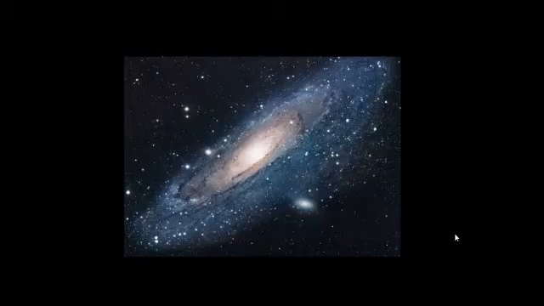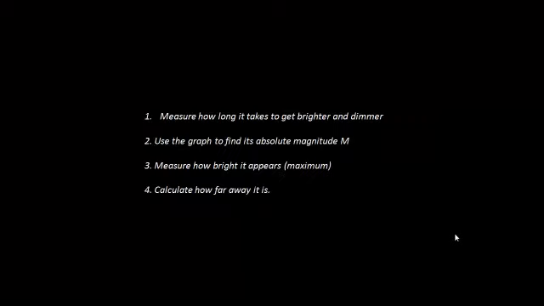We know the apparent magnitude, and if we know big M and little m, then we can work out the distance in parsecs using an equation which I talked about in another video. So measure how long it takes to get brighter and dimmer, use the graph to find its absolute magnitude, big M, measure how bright it appears, and then calculate how far away it is.